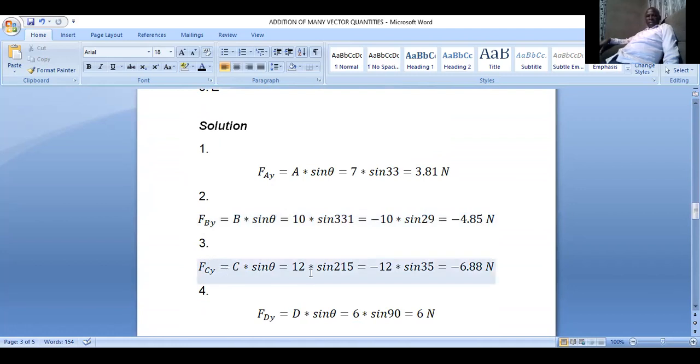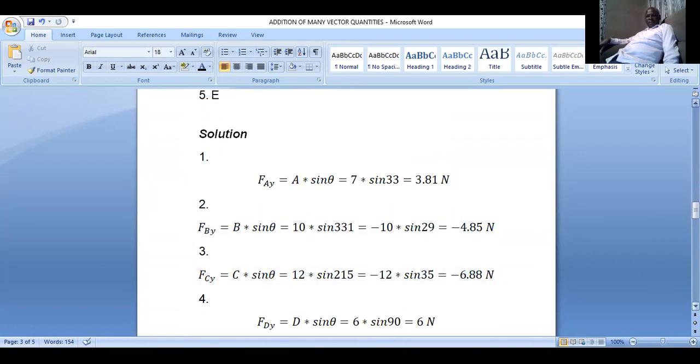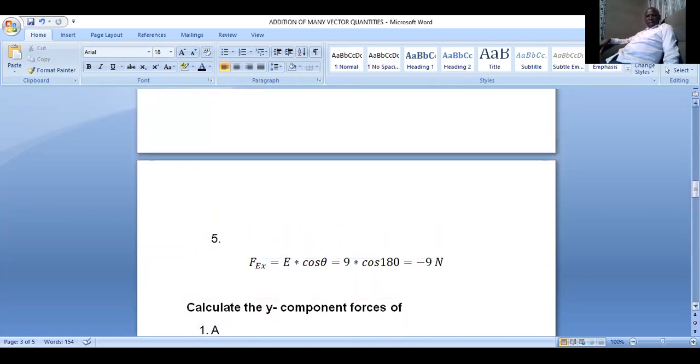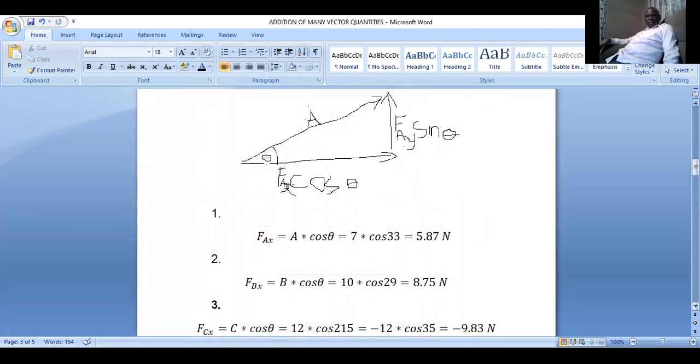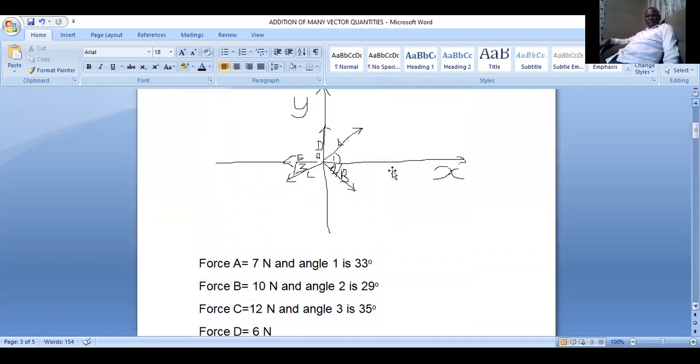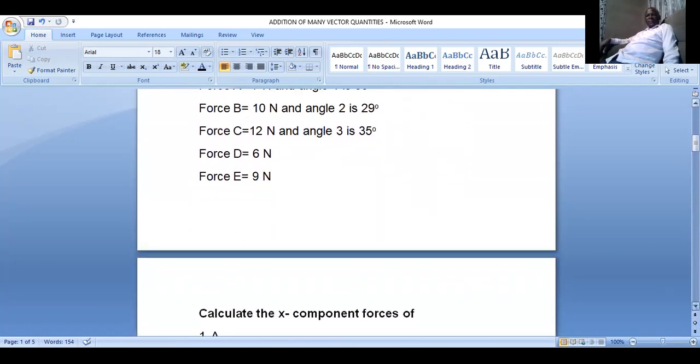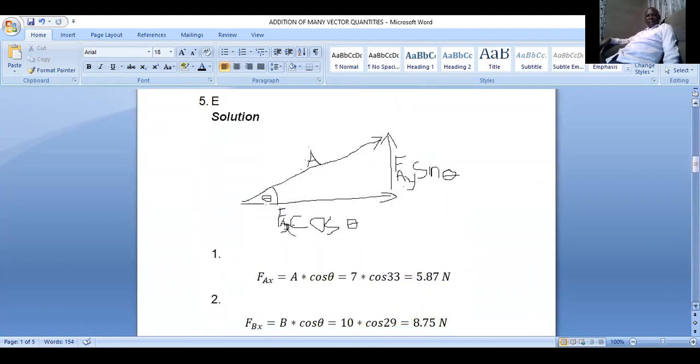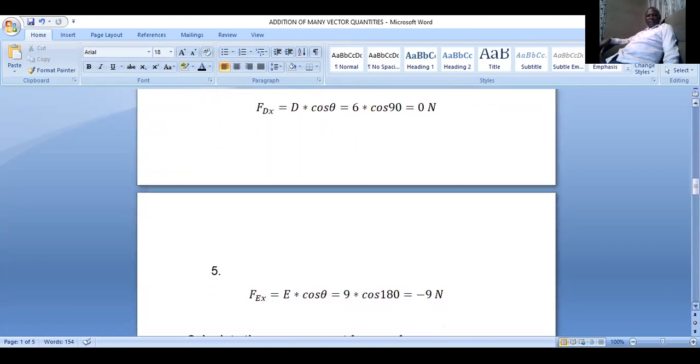For C, also it is actually 215. For C, you have to calculate an angle starting from the positive x-axis until you reach where its force is, meaning that from here you go up to there. So it is 35 plus 180, which gives us that angle. And you notice that it is negative.